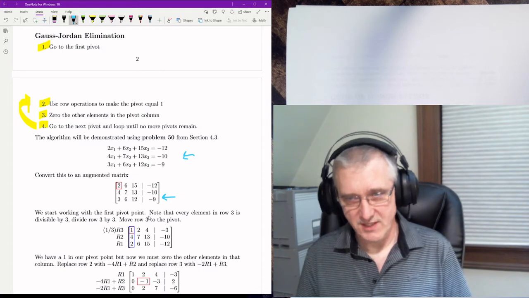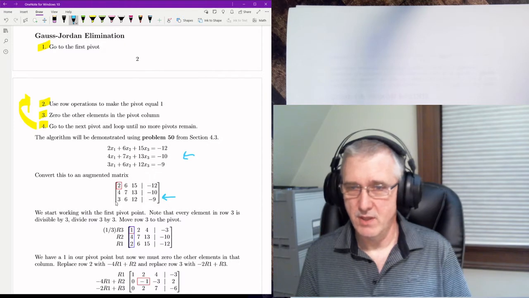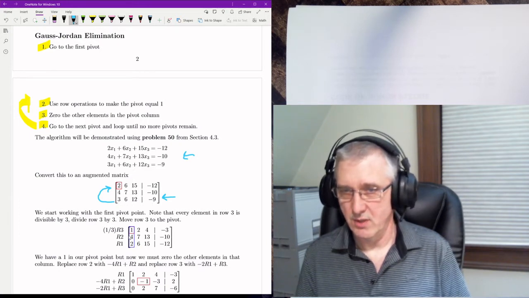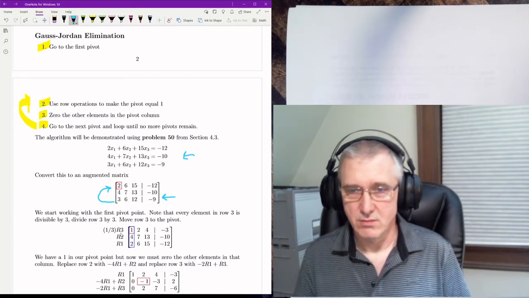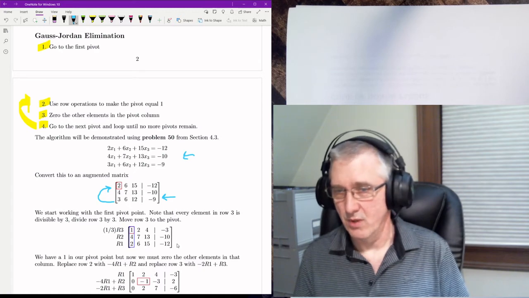So my step is going to be to take row 3, put this into row 1, and divide it by 3. I'm noting this by saying 1/3 of row 3. So doing that, we end up with 1, 2, 4, and minus 3. Then row 2 is 4, 7, 13, minus 10, and row 1 is 2, 6, 15, and 12.